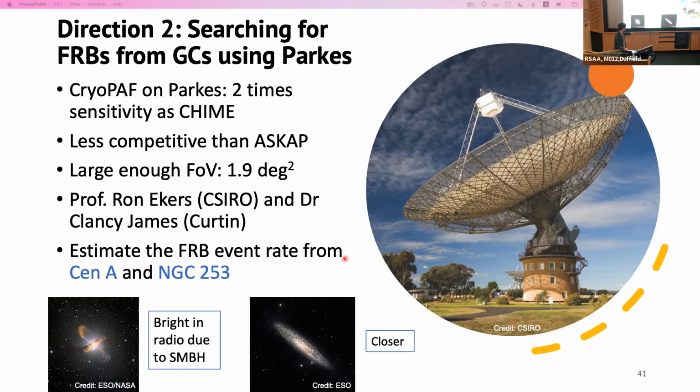The 2 globular clusters, or I would say galaxies, we are targeting: the first one is Cen A, which I mentioned. However, it is kind of bright in radio due to the supermassive black hole at the center. So we are proposing a backup plan, which is NGC 253. In fact, it is closer and is not affected by radio.